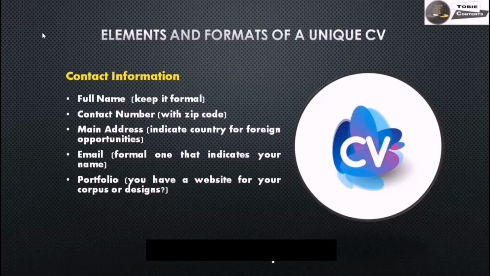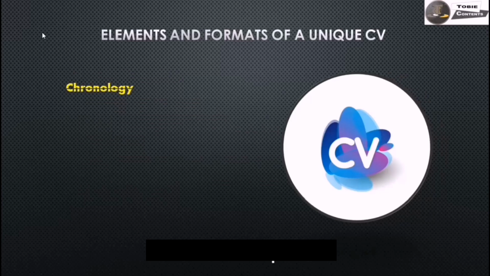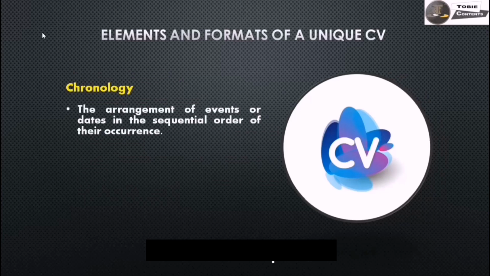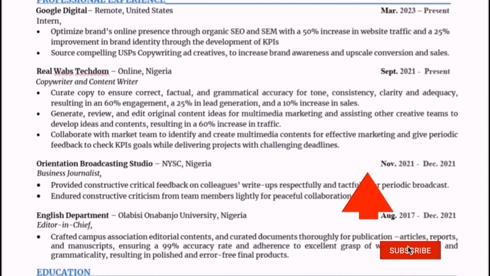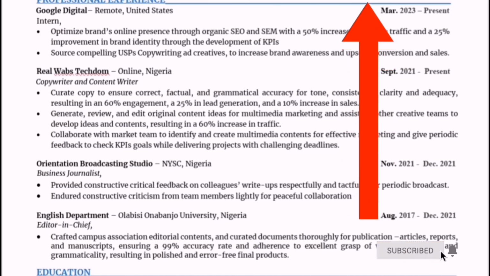Now, we move to the next one, which has to do with chronology. In the course of building your CV or resume, it has to do with the sequence of events. We know what chronology means; it has to do with time. The timing is what informs you about how to arrange events that have happened.